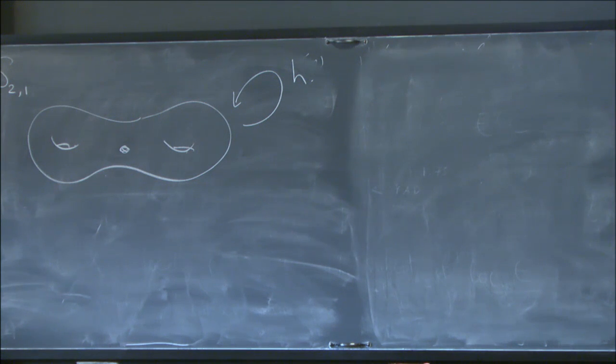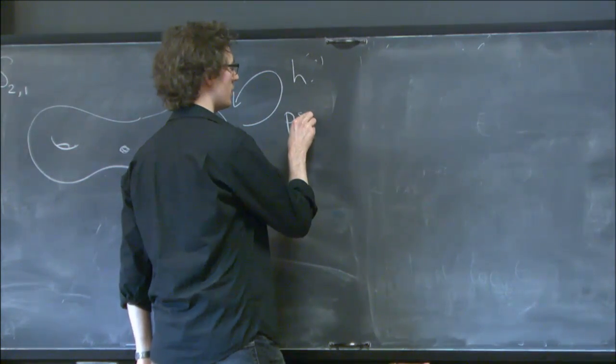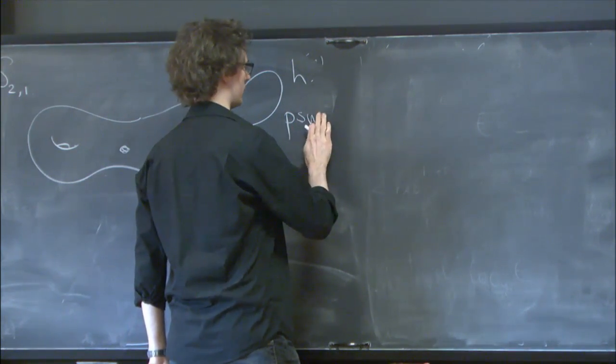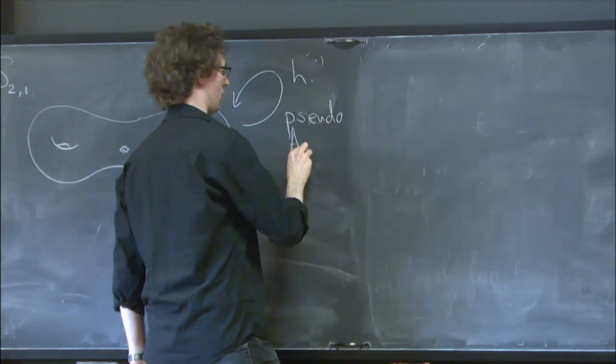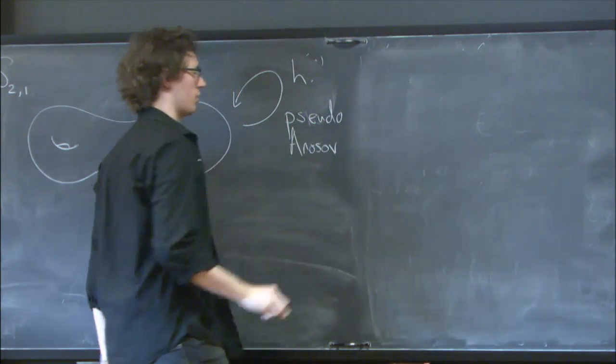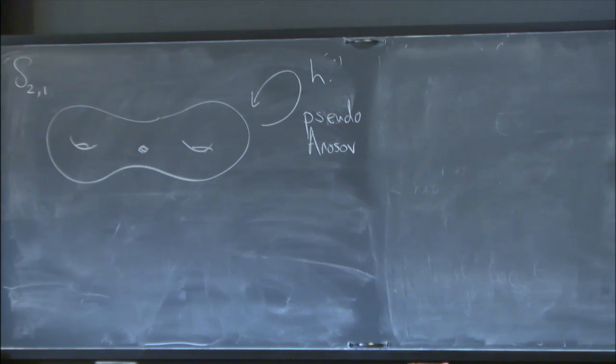We need some additional properties of H. Essentially what you should be thinking of is that H is as generic as possible. So we're going to assume that this mapping class H is pseudo-Anosov. So this is infinite order and irreducible and really is the most generic type possible.